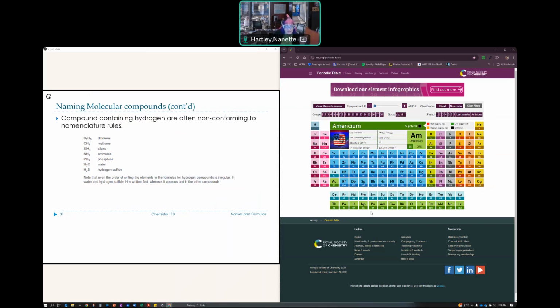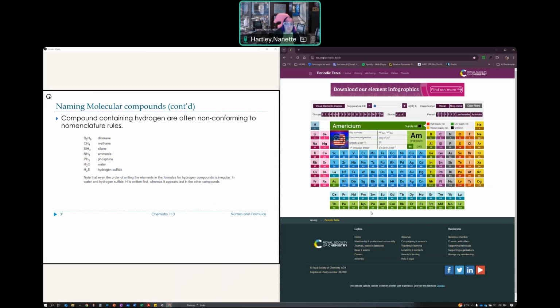And B2H6, so diboron hexahydride is diborane. Okay, those are typically common names, so they're not, and they're often even in the wrong order.